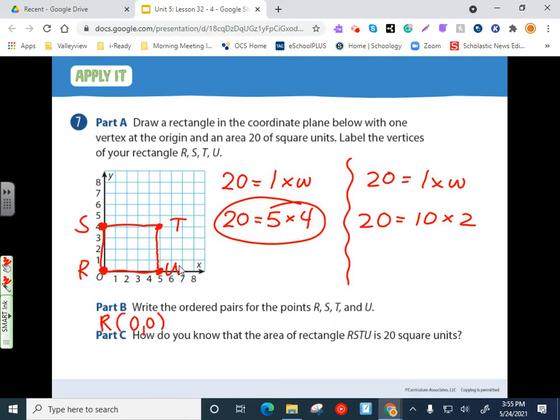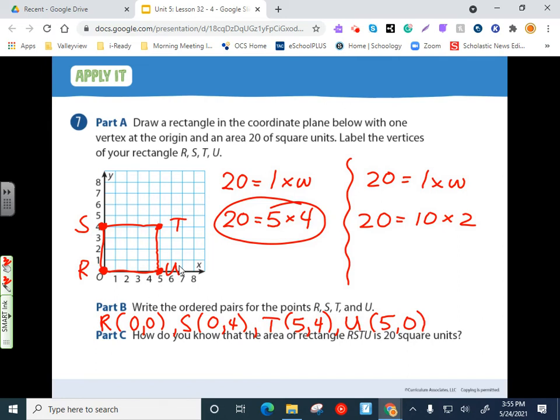That's the one we knew right away. S is going to be 0 because it didn't shift over to the right at all, but it went up 4. T is going to be shift over 5 and go up 4. And U is going to shift over 5, but it's going to lay flat. It's not going to go up at all, so it's 5, 0.